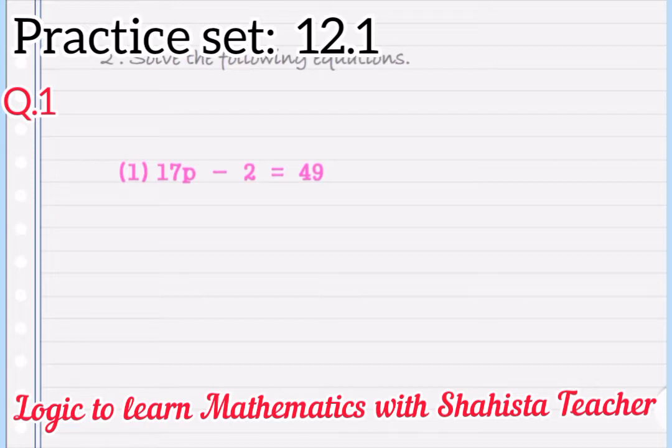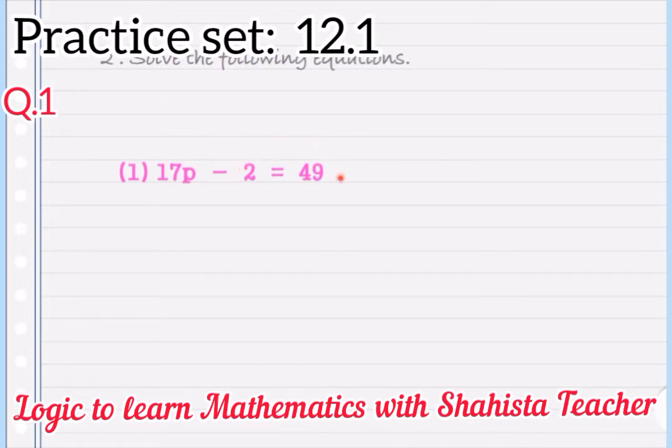So what will we do first? Left hand side is 17p minus 2 and right hand side is 49. As you can see, 2 is a single term without variable, and 49 is also a single term without variable. Here 17p, 17 and p both play the role of number and variable.